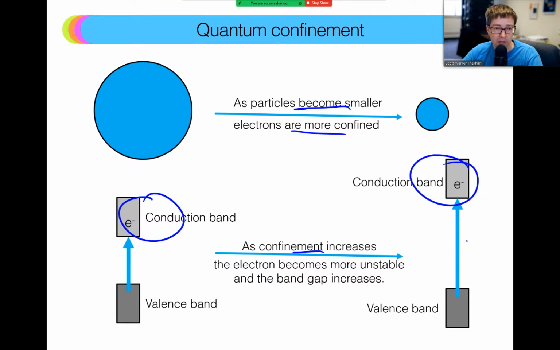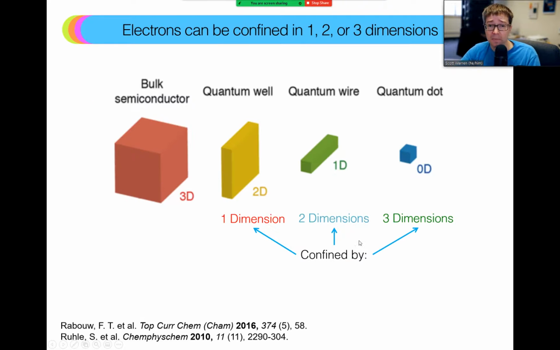Therefore, the band gap, that energy difference between the valence band and conduction band, increases. That's it. That's the idea of quantum confinement. It's, in some ways, a pretty cool effect, because just by changing the size of the object, you can have an incredible change in the material's colors.